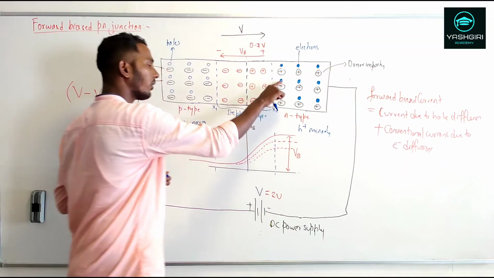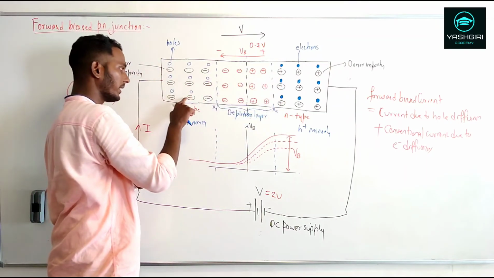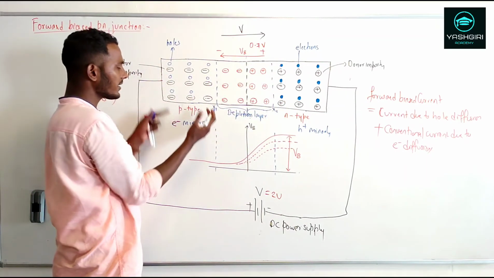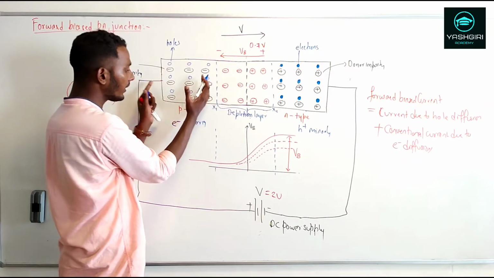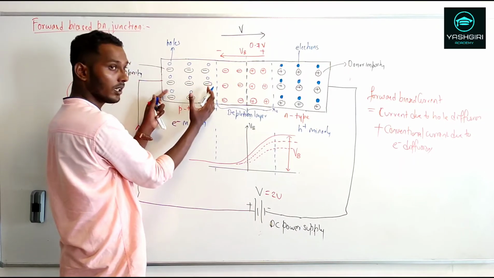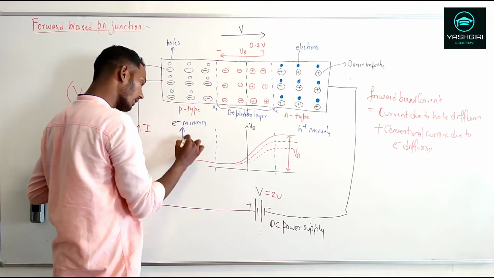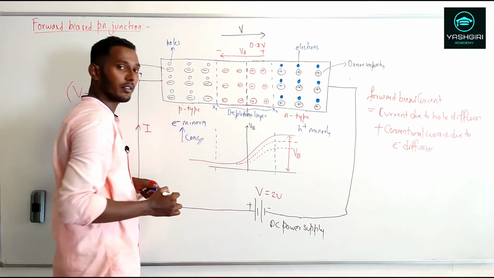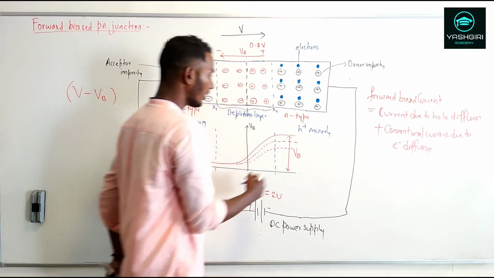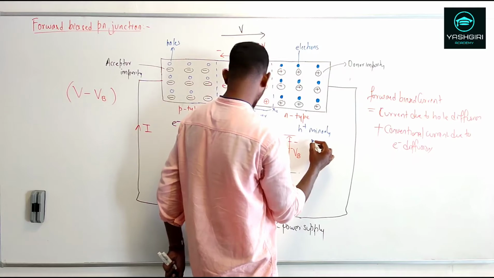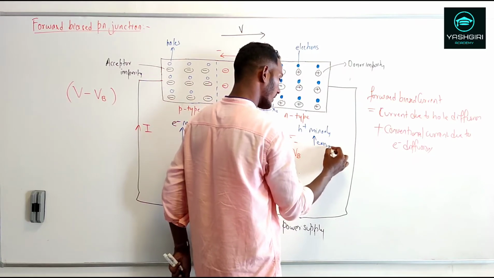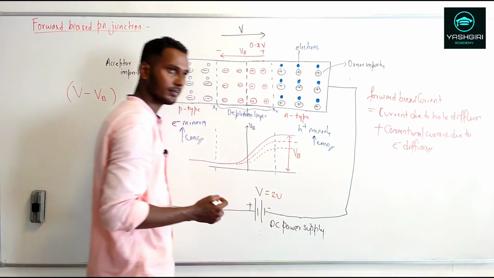Now here the electrons are moving from n side to the p side. So what I can say is that the concentration of the minority carriers in this p region will increase. The concentration of the minority charge carrier increases, and on the right hand side, the holes will increase. Here the concentration of holes increases.